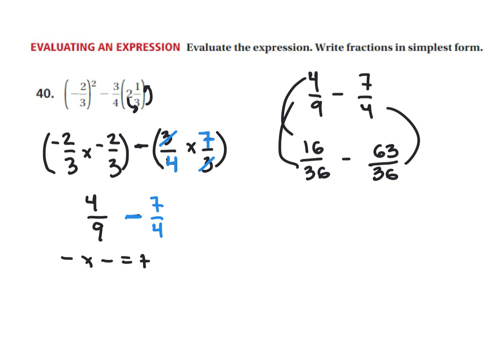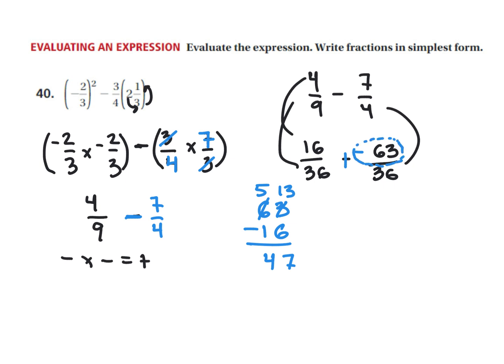If you want to, you could chop slash this. 63 minus 16 is going to give us the difference. So between 63 and 16, we have a difference of 47.